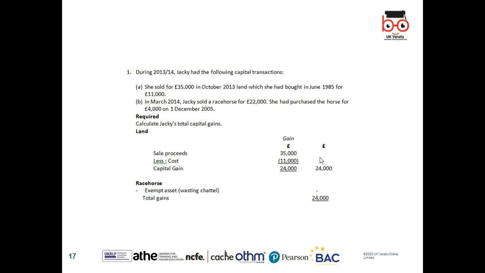Then we have a horse as well. We sold the horse for 22,000, but bought it for 4,000. Horses are exempt because they come under chattels. So it won't be charged any tax.